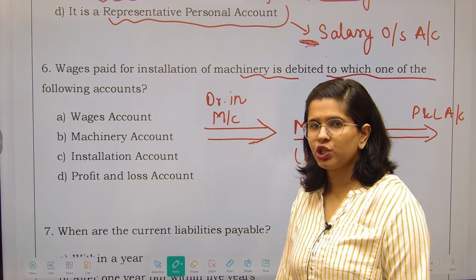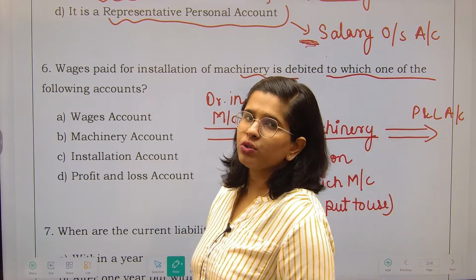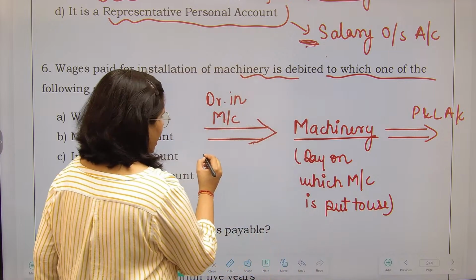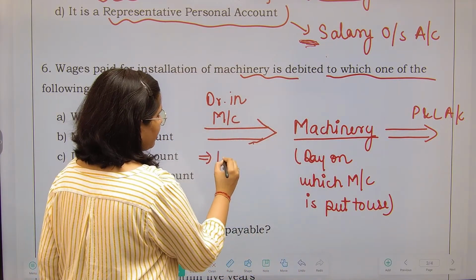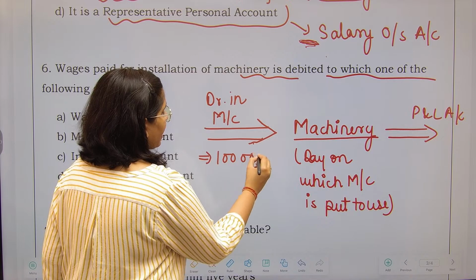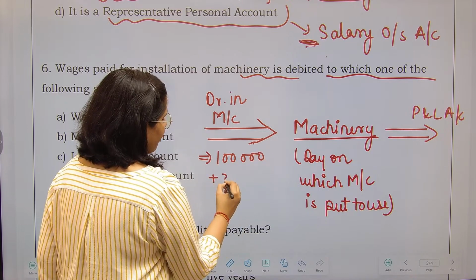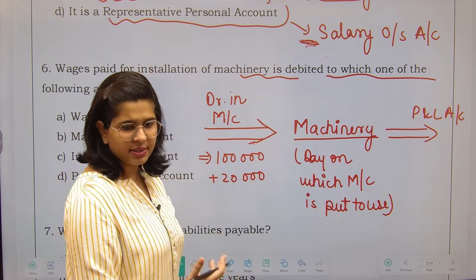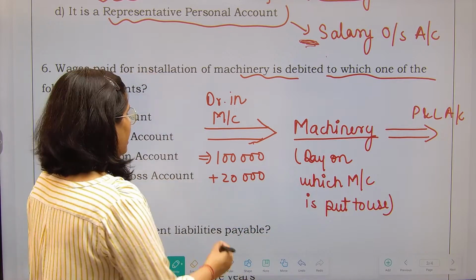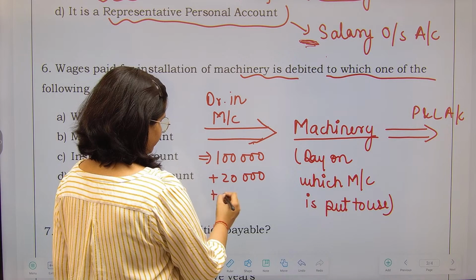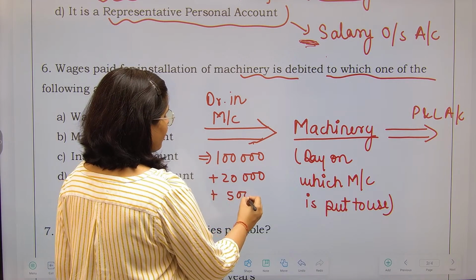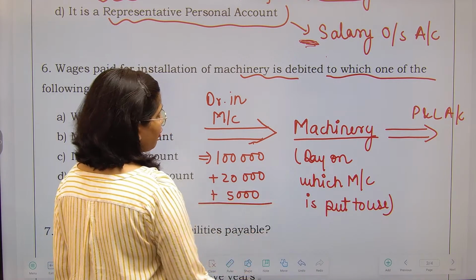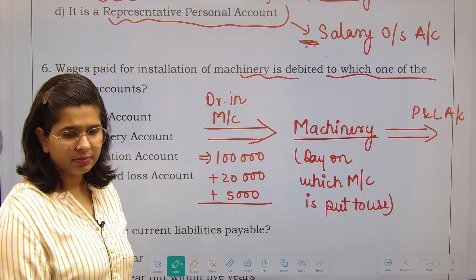Suppose I purchased a machinery for 1 lakh from the supplier. 20,000 rupees have been incurred on the installation, that means labor and some other installation expenses. Apart from that, 5,000 is also paid as interest on the amount I borrowed.